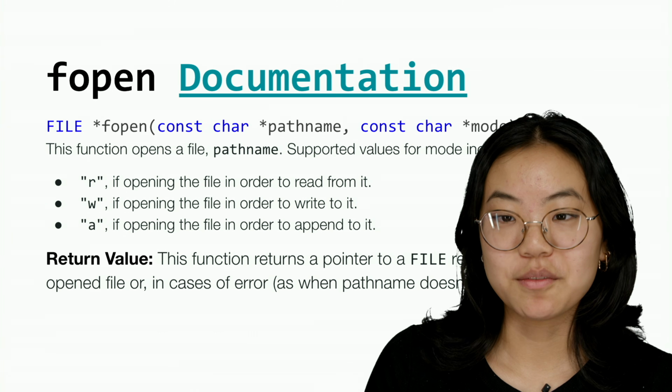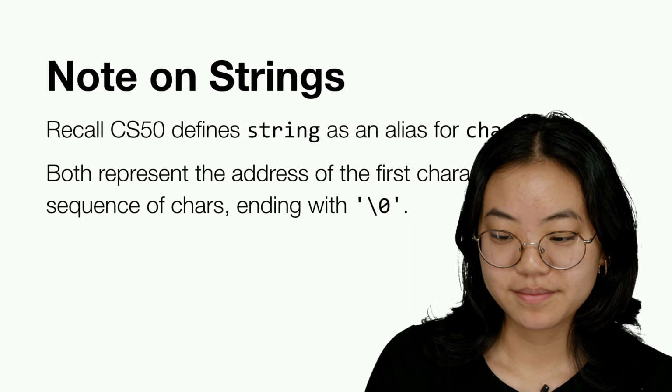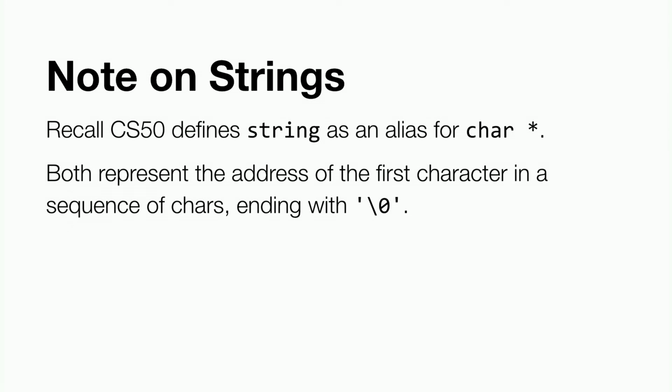Okay. So that's all helpful information to know here. Another note that we've already discussed a lot: string is actually just an alias for char *. And so these pointers, which we've been using for many weeks now, both represent the address of the first character in a sequence of characters ending with the null character.